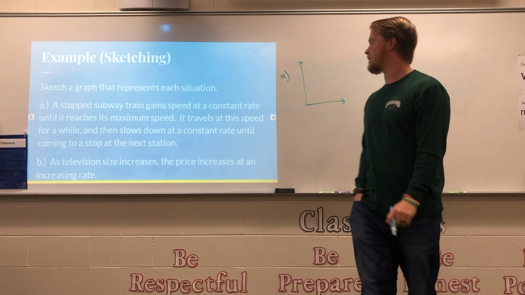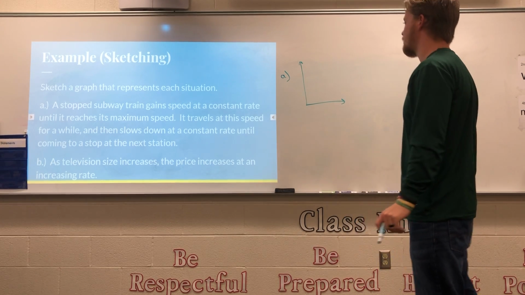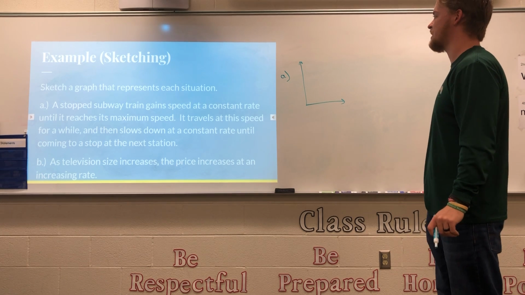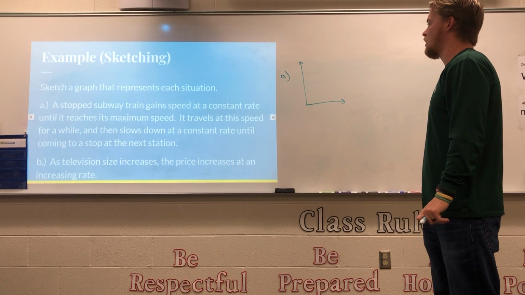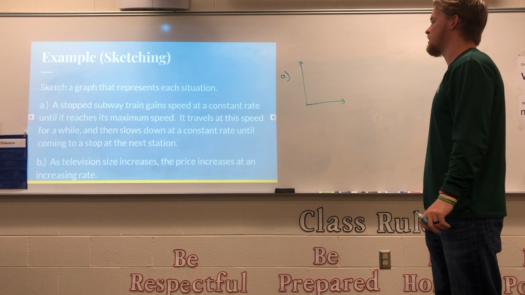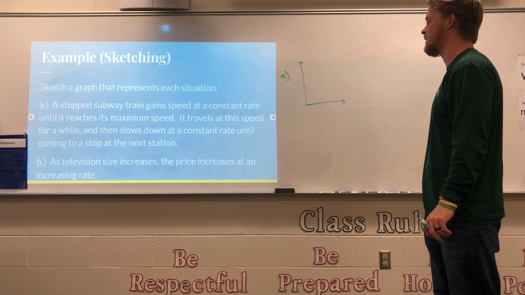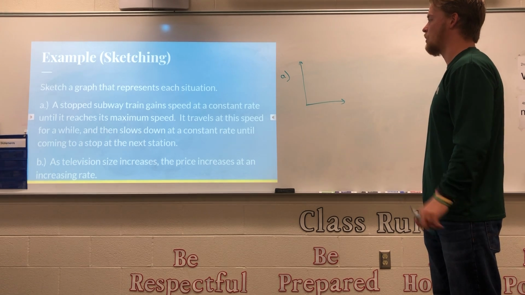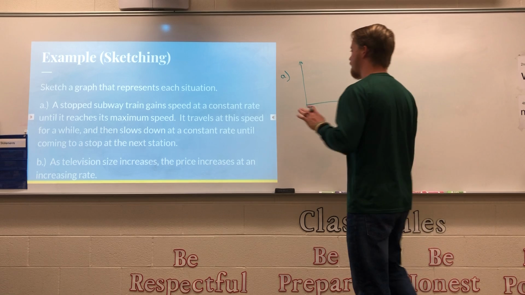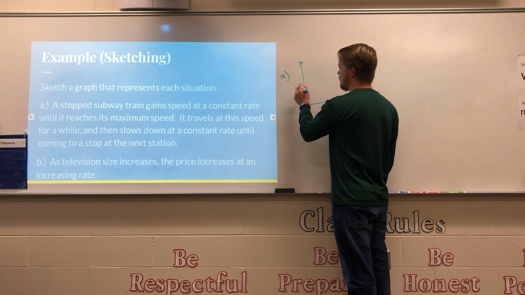It says a stopped subway train gains speed at a constant rate until it reaches its max speed. It travels at this speed for a while, then slows down at a constant rate until coming to a stop at the next station. Okay, so first of all, you have to label your axis.